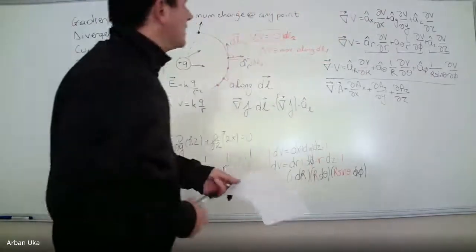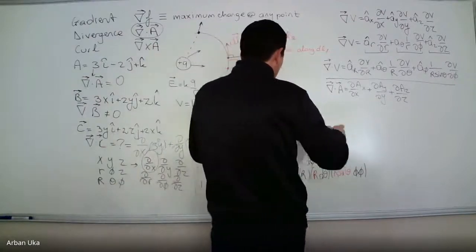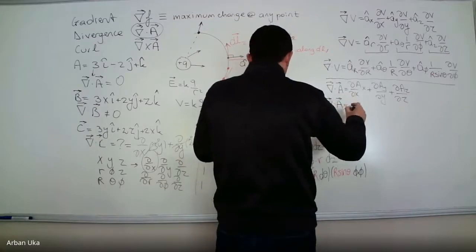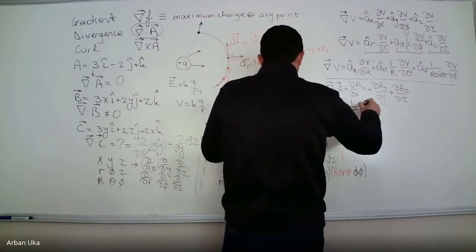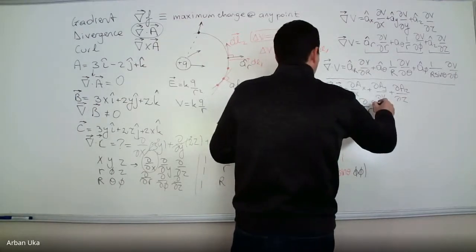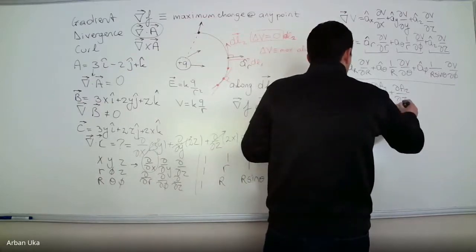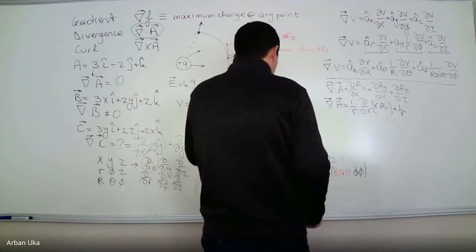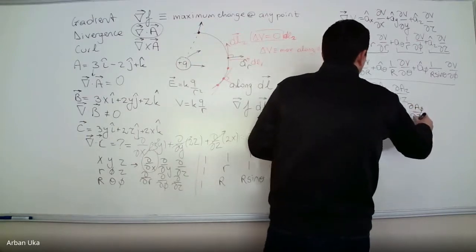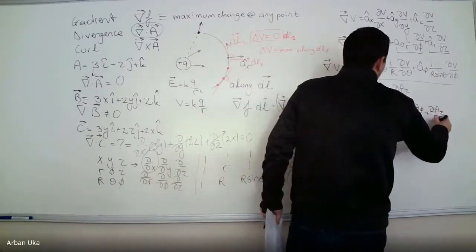The divergence in the cylindrical coordinate system is going to be equal to 1 over r d over dr of r A_r plus 1 over r dA_phi over d phi plus the derivative of A_z with respect to z.